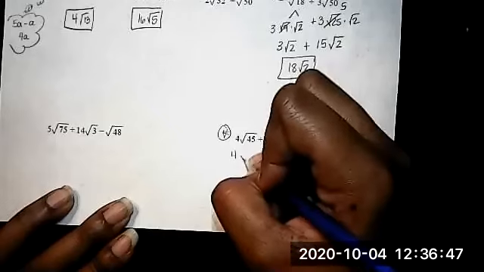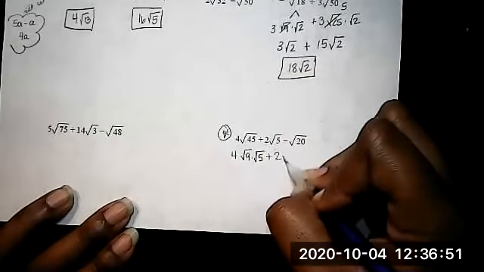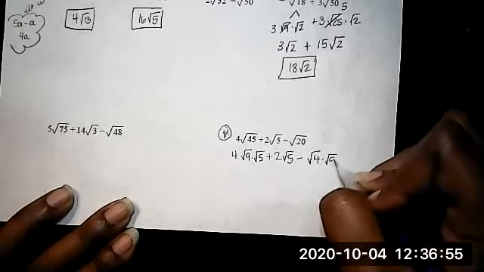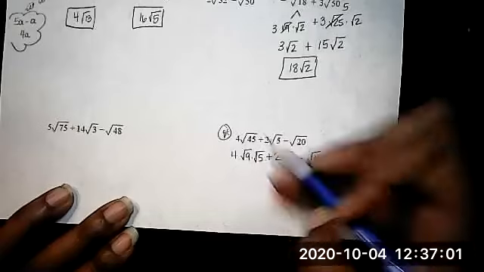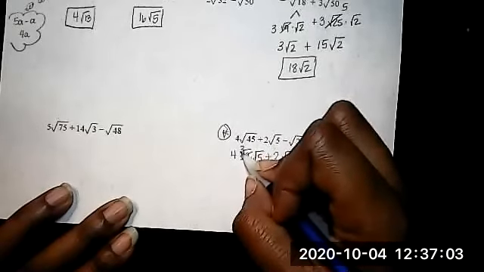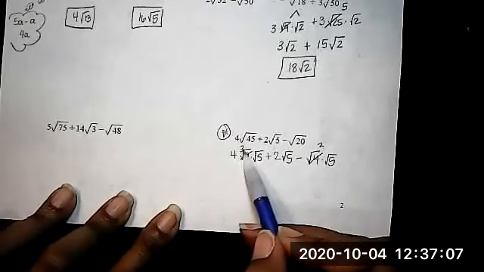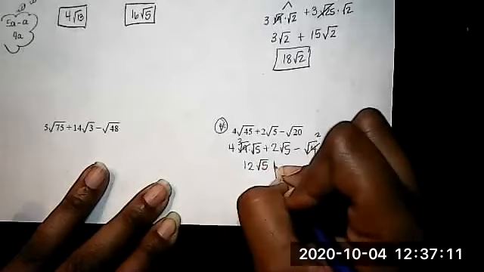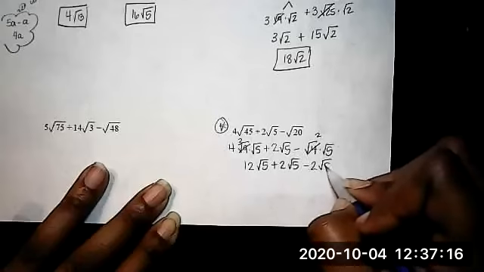Let's break this down. This becomes the square root of 9 times the square root of 5, plus 2 times the square root of 5 minus the square root of 4 times the square root of 5. So I broke 20 into the square root of 4 times the square root of 5, and I broke 45 into the square root of 9 times the square root of 5. Again, that becomes 3, and this becomes 2. 4 times 3 here is 12. 12 times the square root of 5 plus 2 times the square root of 5 minus 2 times the square root of 5.